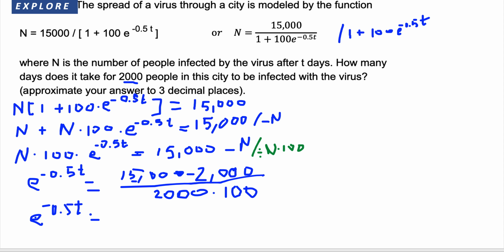It is going to be equal to 15,000 minus 2,000, which is 13,000. And 2,000 times 100 is going to be 200,000.